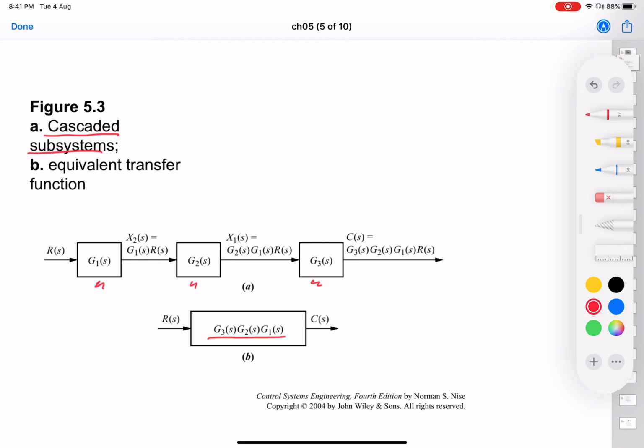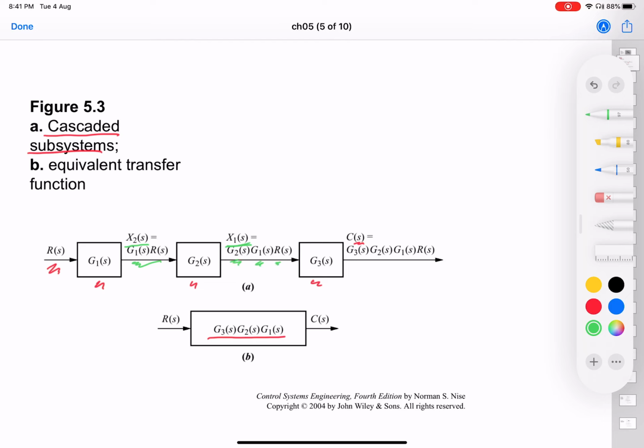It is because, very simply, if this is R(s) and this is C(s), and you label the intermediate signals X1 and X2, then X1(s) would be G1(s) into R(s), because R(s) is entering G1 and getting processed. Then G1(s) into R(s) is multiplied with G2(s), so the other intermediate signal would be G2(s) into G1(s) into R(s).